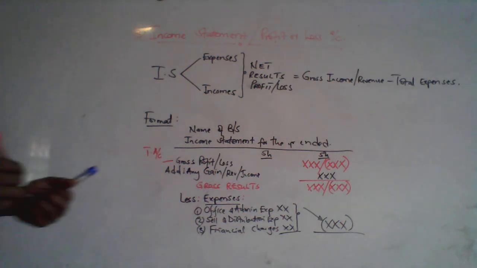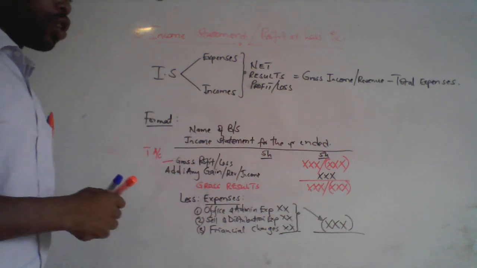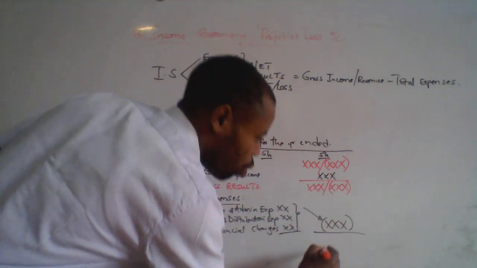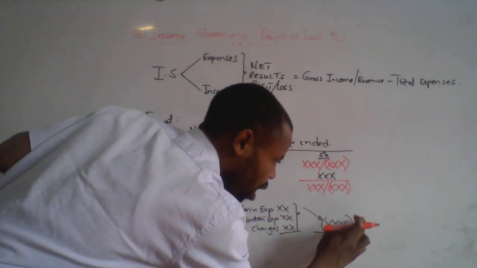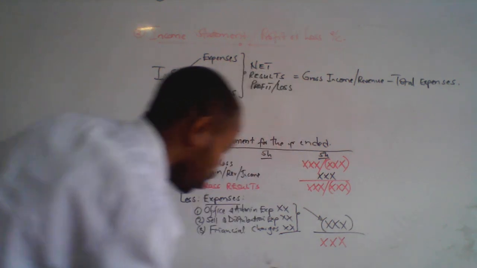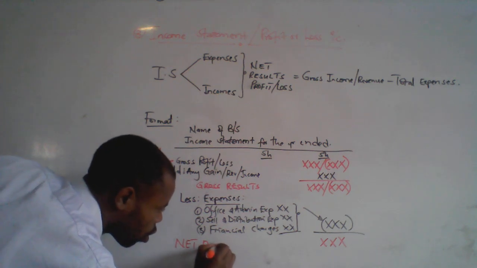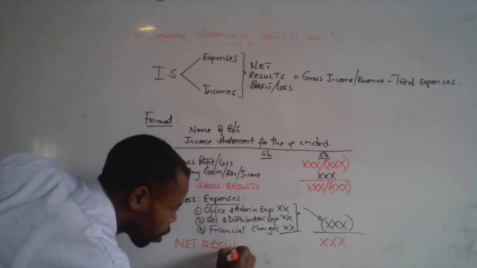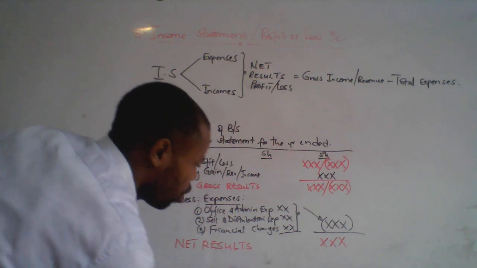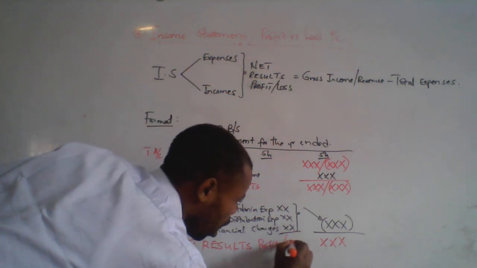These gross results, I have told you, are either an income or a loss. Once you do the subtraction, you are going to arrive at your net results, and this net result is either a profit or a loss.